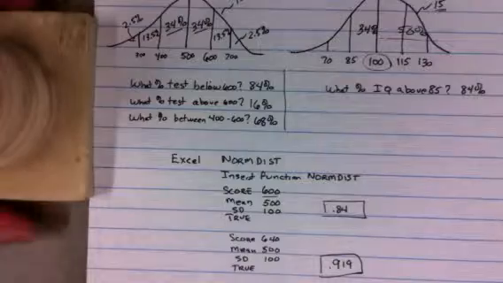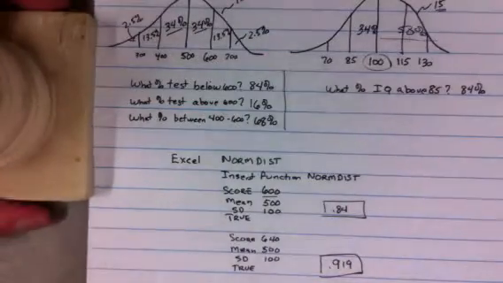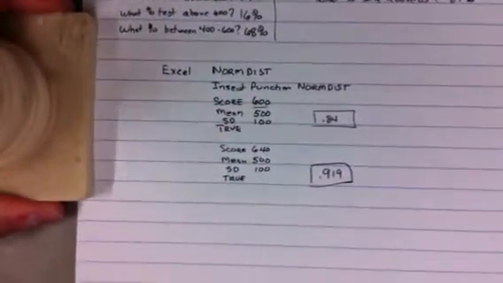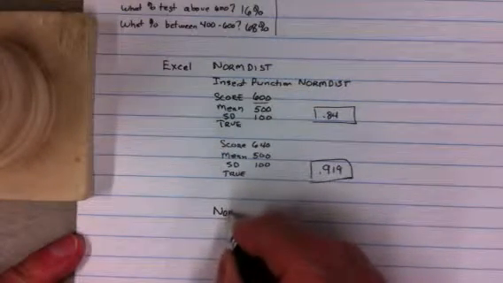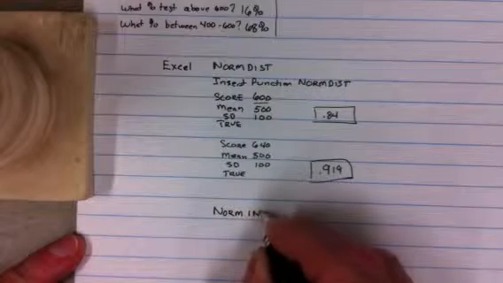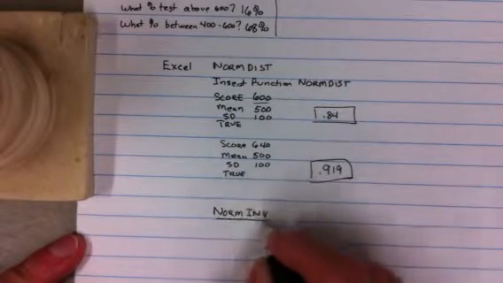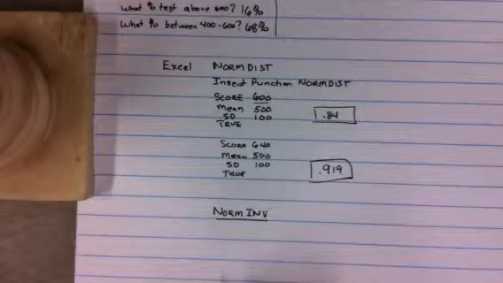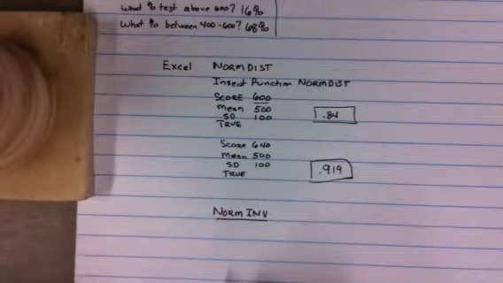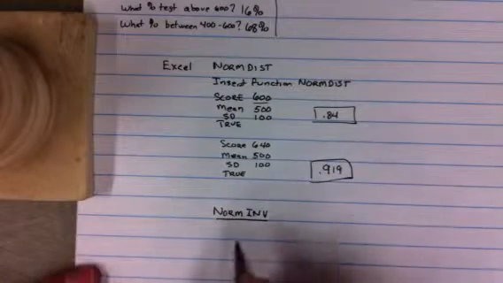The second little subroutine that Excel can do is the other way around. It's called NormInv, and it's when we know what percentage of people are below a particular score, and we're trying to find what the score actually is.